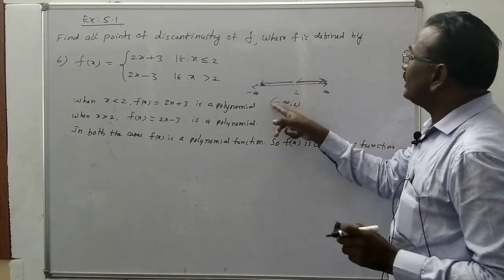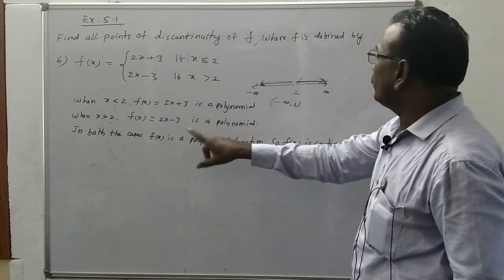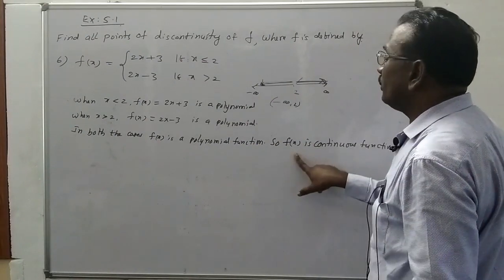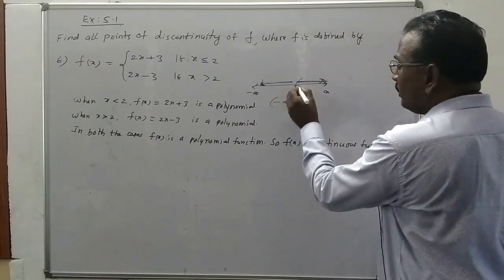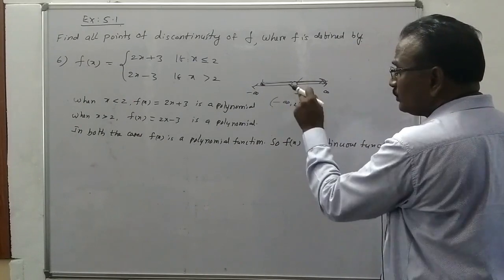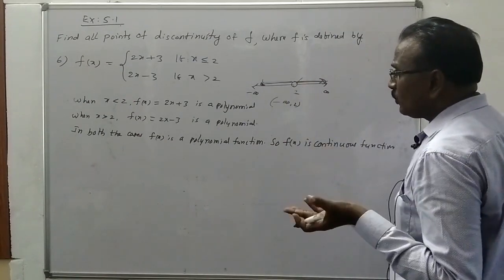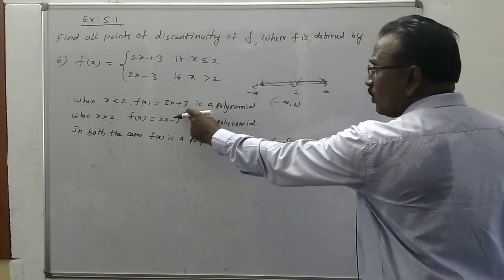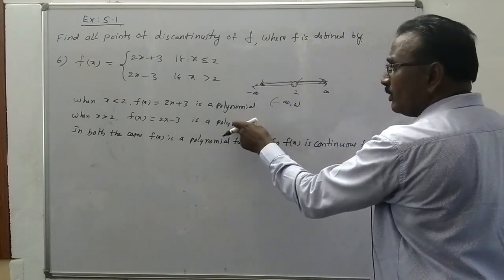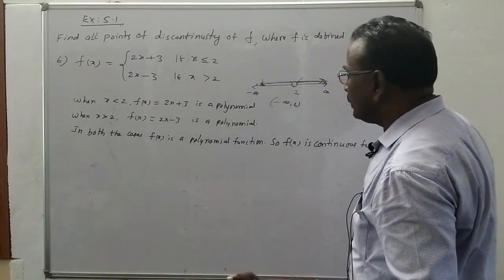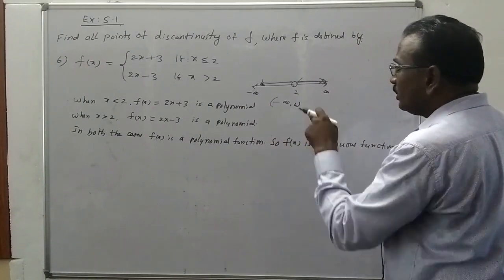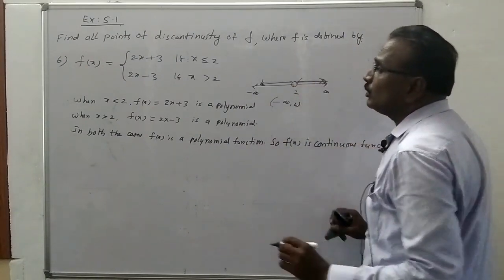In the interval less than 2, f of x is continuous, and greater than 2, f of x is continuous. So we have to check the continuity at x equal to 2. At x equal to 2 we don't know whether it is continuous or not. Less than 2 is a polynomial, greater than 2 is a polynomial, and every polynomial function is continuous. So we need to check the continuity of the function at x equal to 2 only.